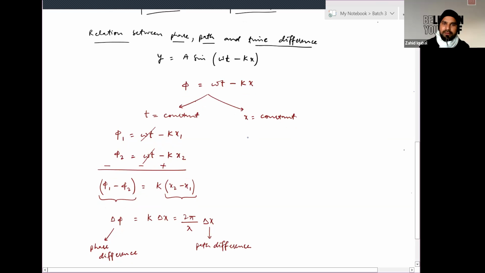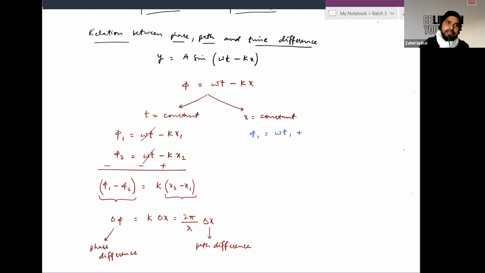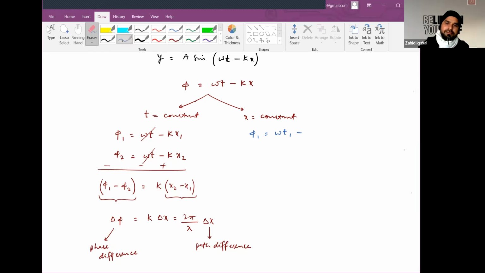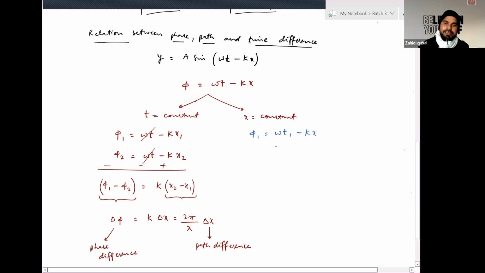Next, if x is constant, phi1 will be omega times t1 minus k times x for some instant t1. Again, phi2 equals omega times t2 minus kx at some t2.